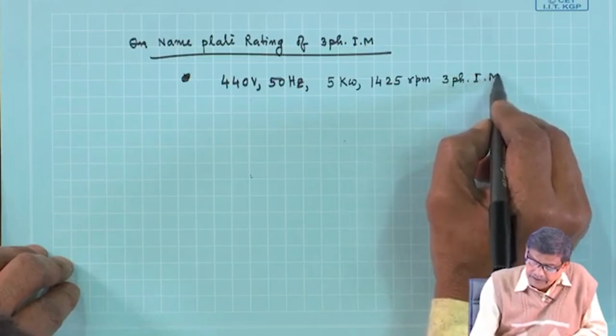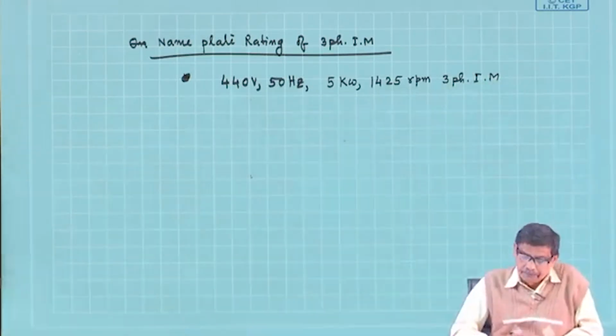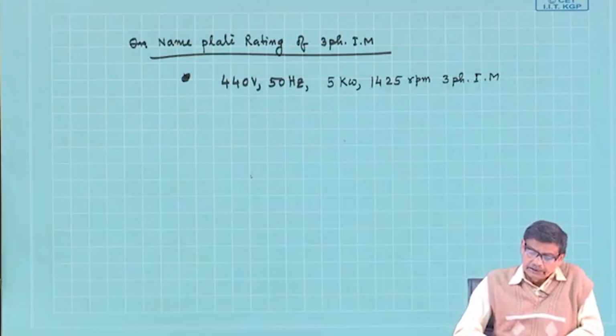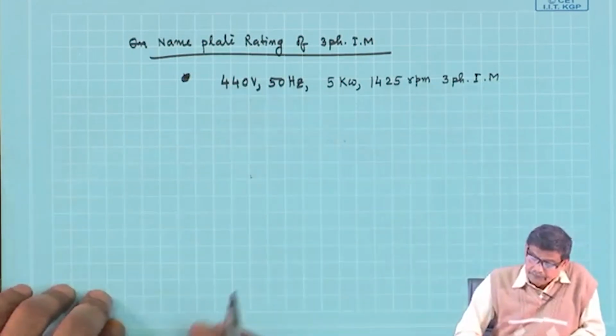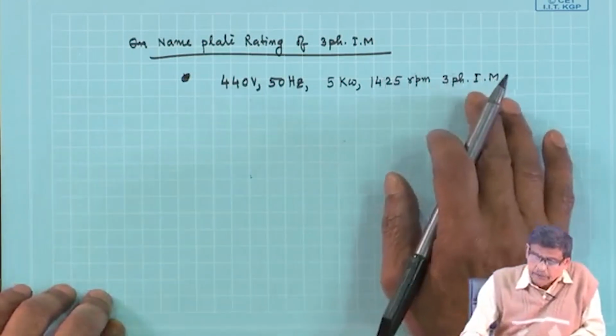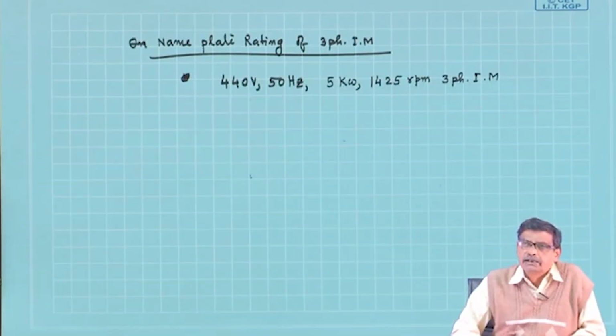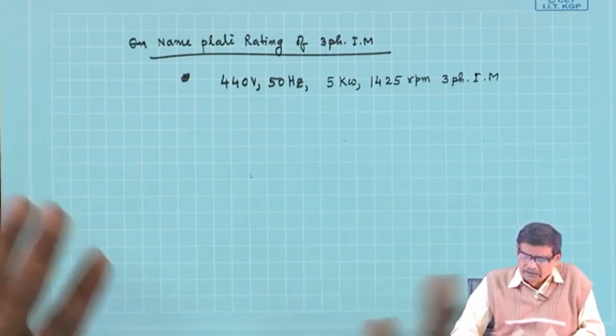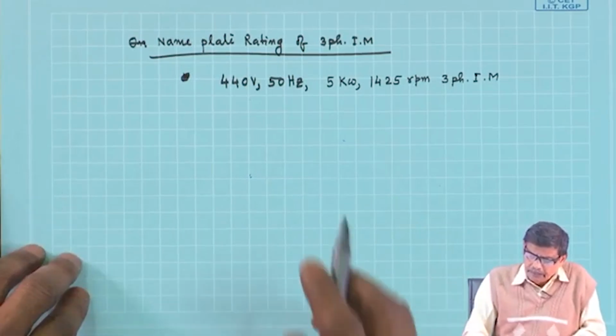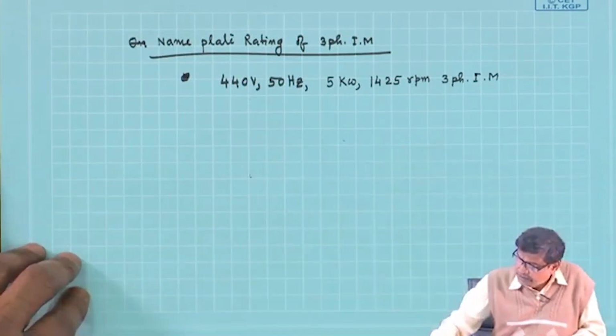This is a typical nameplate rating, where you will note that the number of poles of the machine is not mentioned in general. Now, the question is what these things are.